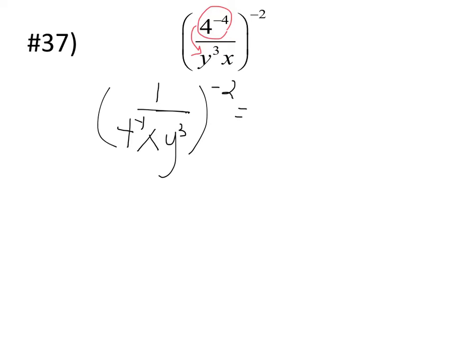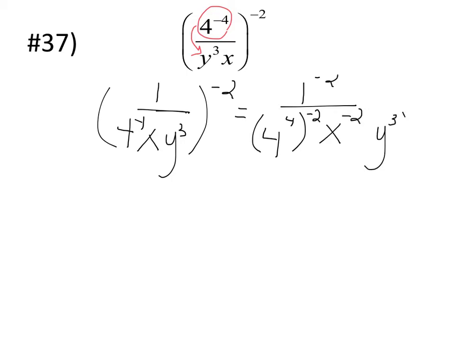So then you end up with 1 to the negative 2 power over 4 to the 4th power to the negative 2 power, x to the negative 2 power, y cubed to the negative 2 power. Okay?